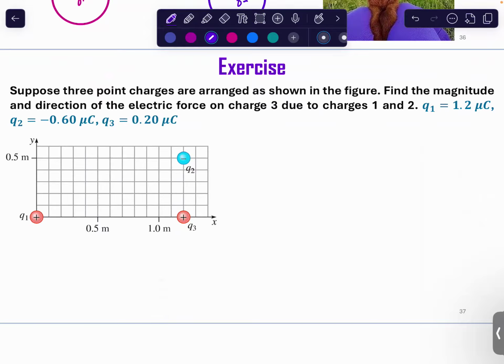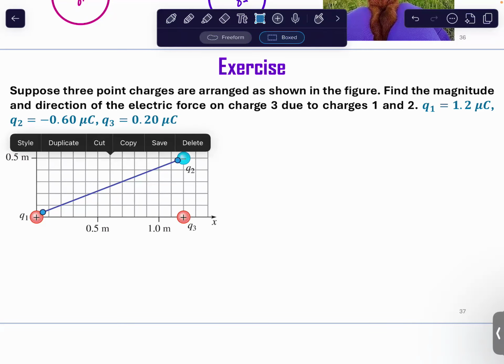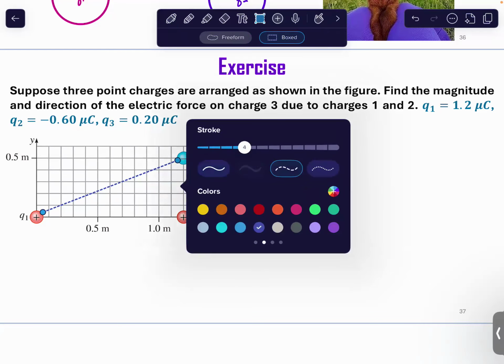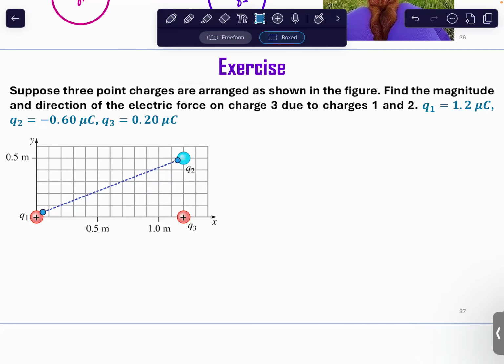The first thing I'm going to note is that eventually we're going to have a right triangle there.